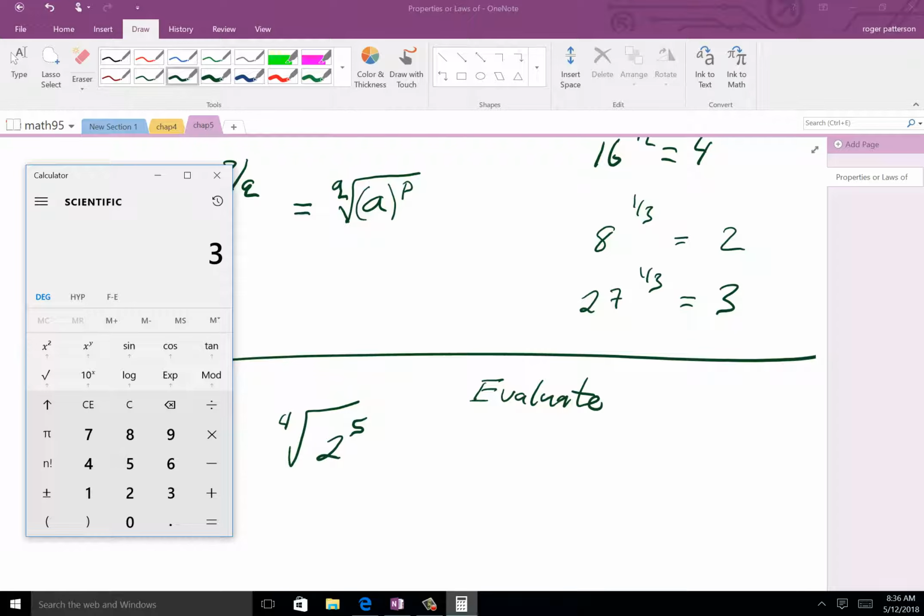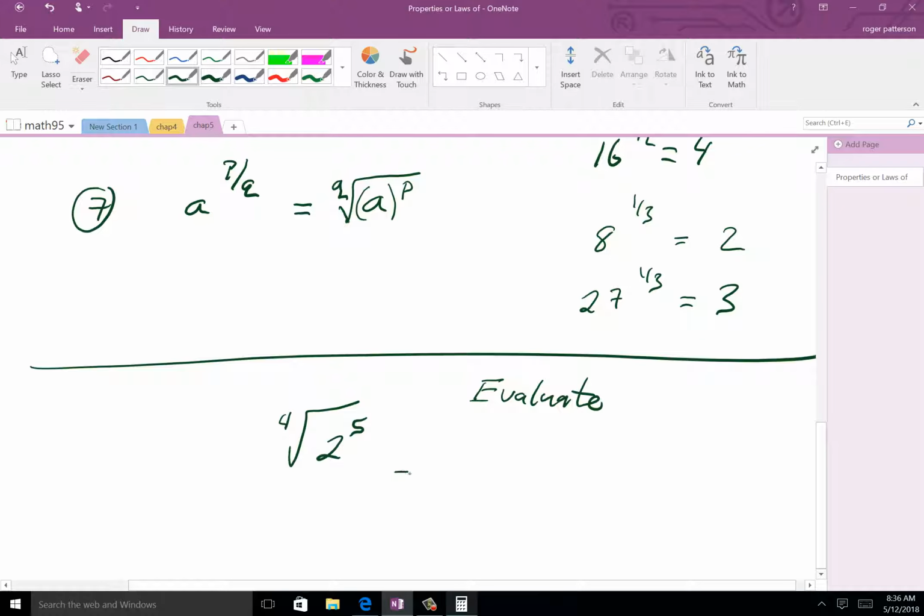Let's write it as an exponent. So this is going to be 2 to the 5 over 4, because it's a 4th root. 5 is a power. So 2 to the 5/4.